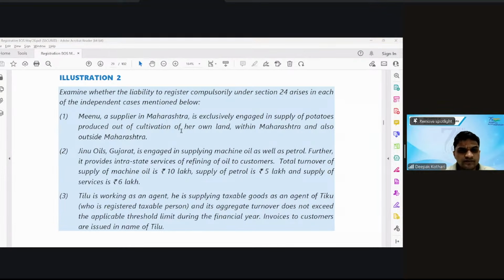Not required. Agriculture produce is not liable to get registered.